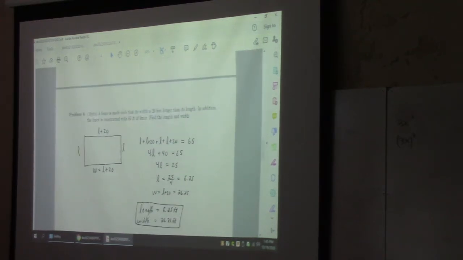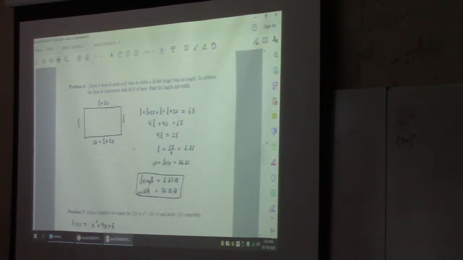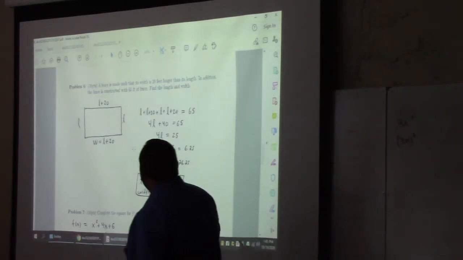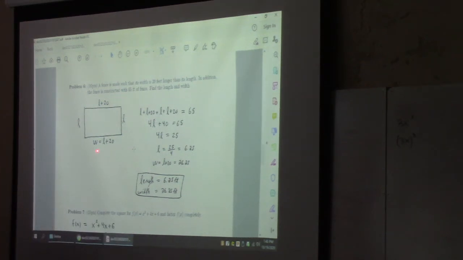The fence problem threw a lot of people for a loop. Here's the way I solved it. I said, okay, so if the width is 20 feet longer than the length, that means that W, the width, is equal to L plus 20. And then, of course, we have the length and the length.